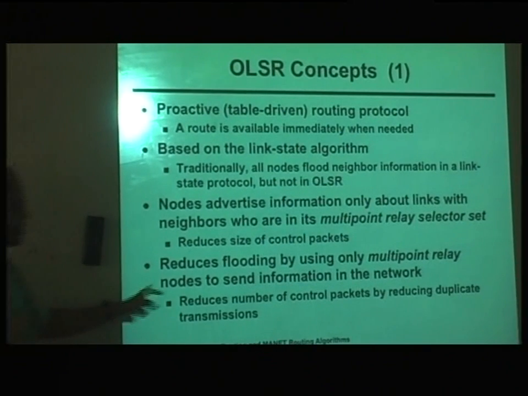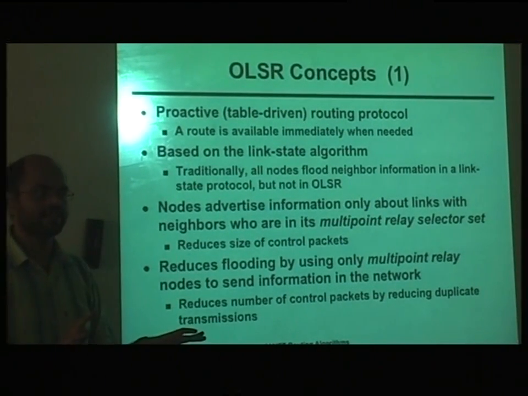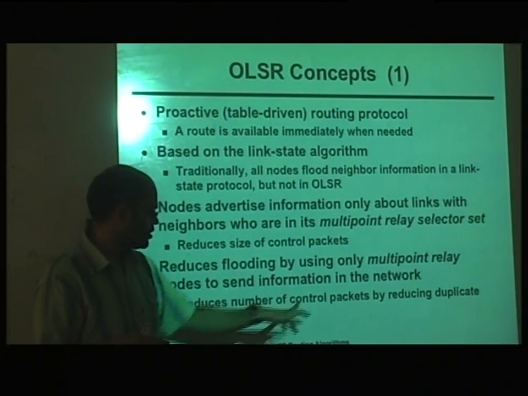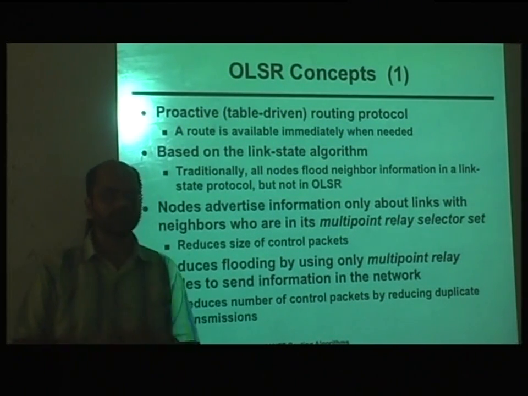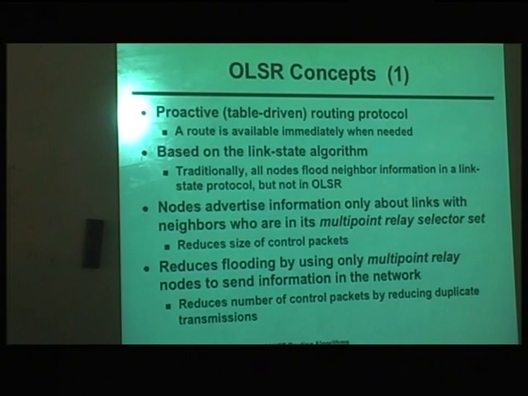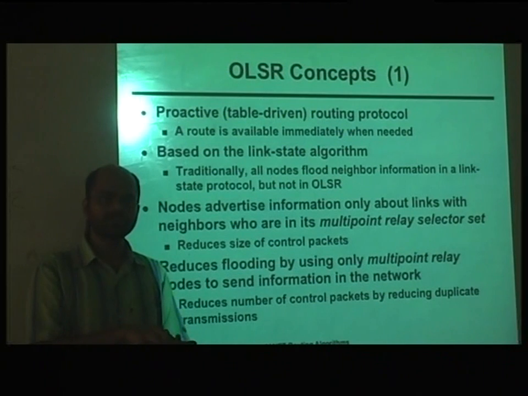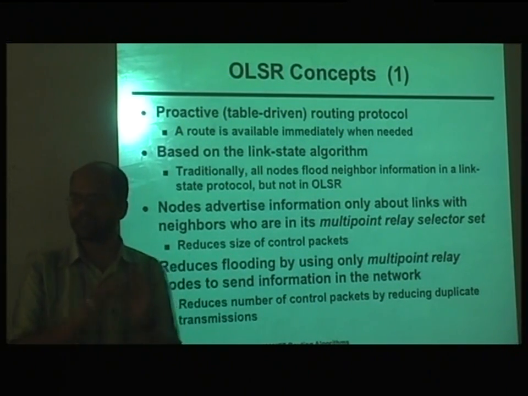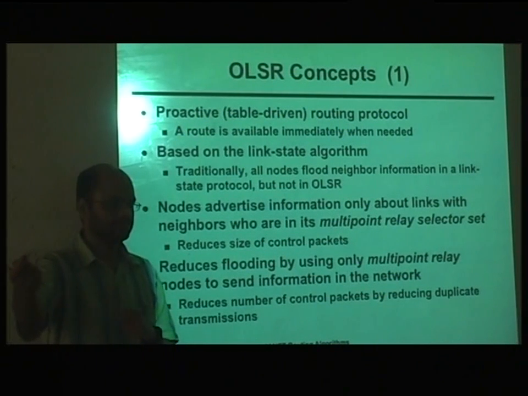In that case, you reduce the number of messages in the network. This will reduce the number of control packets in link state. So we modify the link state algorithm such that not everybody is sending the entire route information to everyone. Only selected nodes will send the information. Now the challenge is how to ensure that these selected nodes will capture the entire network. So everybody should have some representative.